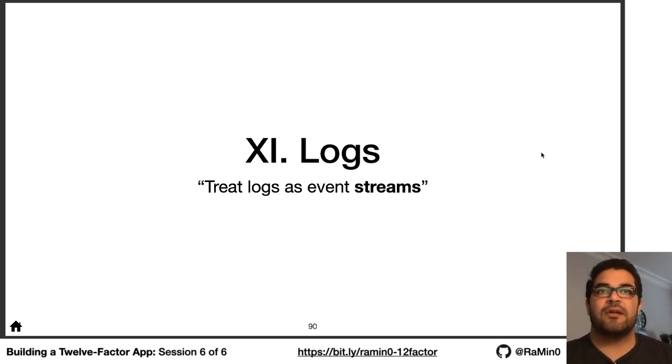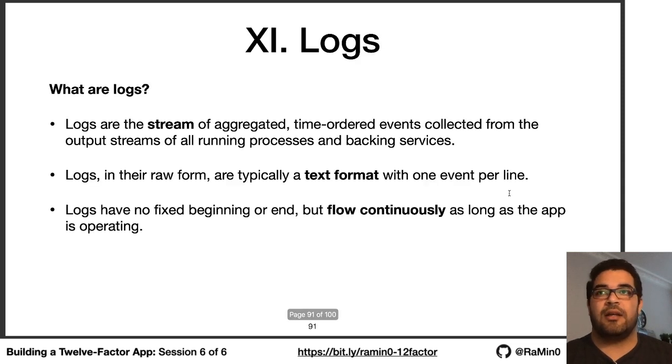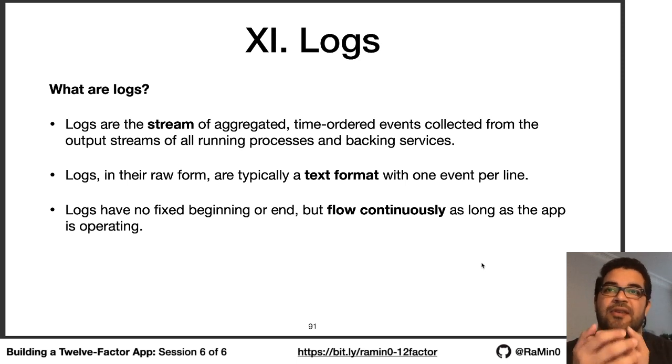Let me first start, as I always do, by defining some vocabulary, and first of which is what is a log. Well, logs are streams of aggregated, which means collected, events, because your app might have multiple processes running, so this is just an aggregation of all of these logs in one place. They are time-ordered events, so whenever something happens, it just gets printed out at the time it happens.